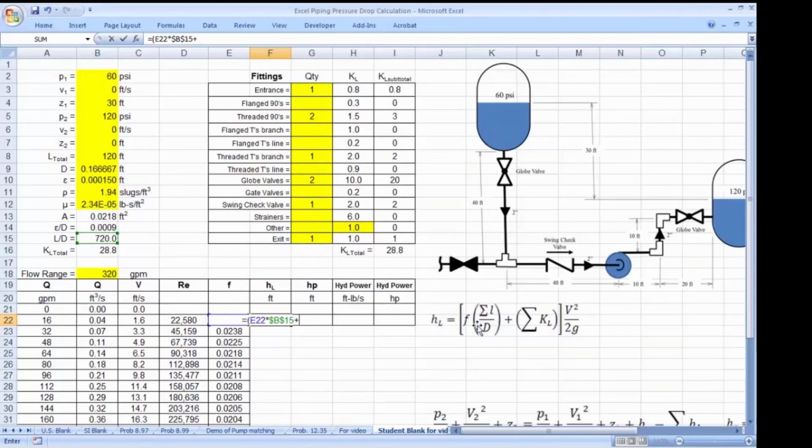Now I'm going to add to it the sum, the total KLs, and I'll make an F4 right there. So that whole quantity times the velocity squared divided by 2 divided by 32.2, and I should get my head there. So 2.0, okay, that looks right.